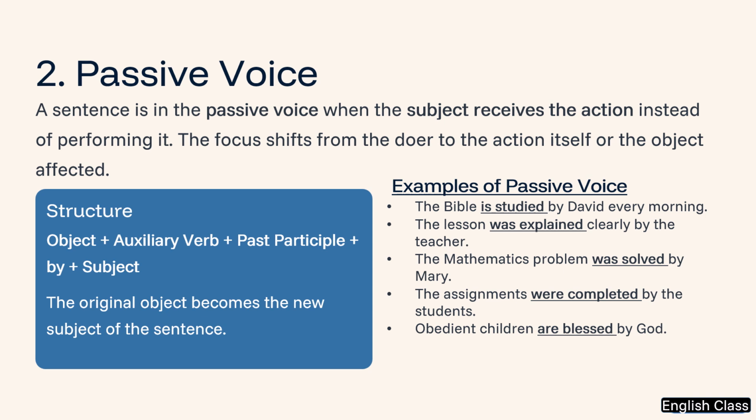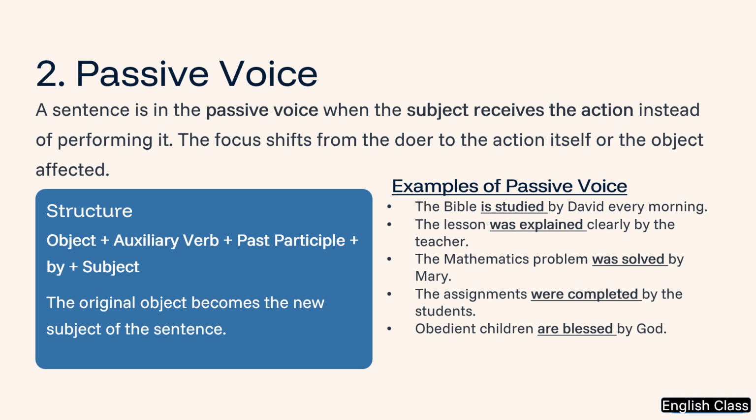Examples of passive voice. Number one, the Bible is studied by David every morning. Now, the other time in the active voice, we have David studies the Bible every morning. Now, we have the Bible is studied by David every morning. So we see the subject was David, but now we have the subject as what? The Bible.